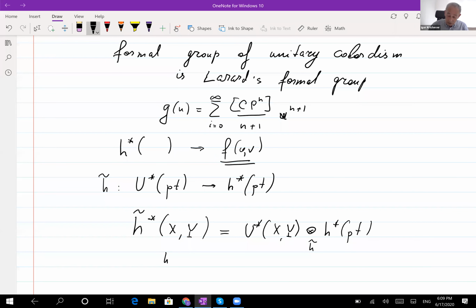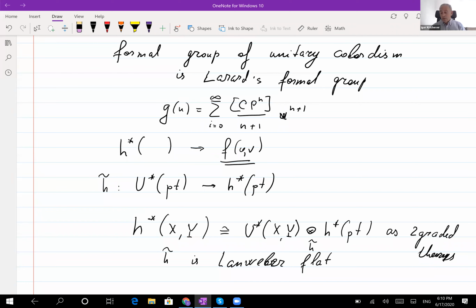So if H is flat, Landweber flat, it turns out that as two-graded theories, two-graded means that you split the grading into even and odd parts and define a new theory, your initial theory is completely recovered by this simple formula.